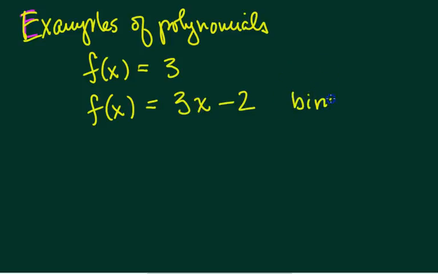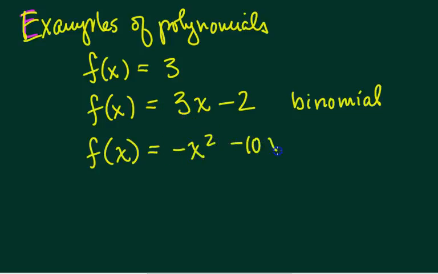Actually, it's a binomial because it has 2 terms in it. Here's a quadratic function. That could also be called a trinomial, but we'll generally think of it as a quadratic.